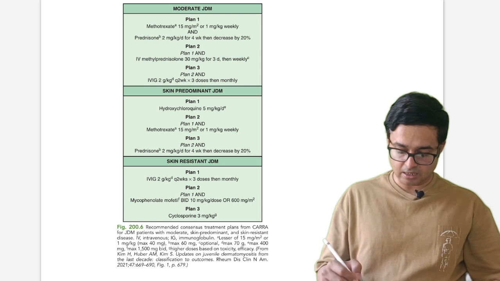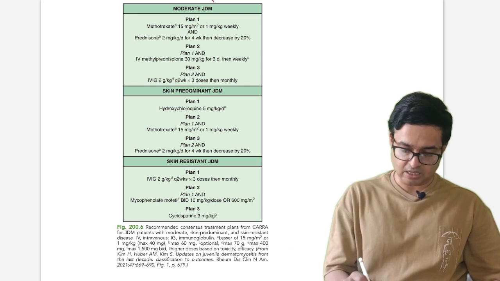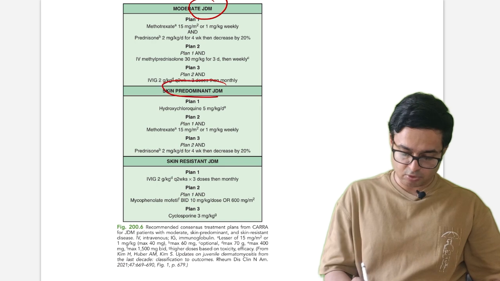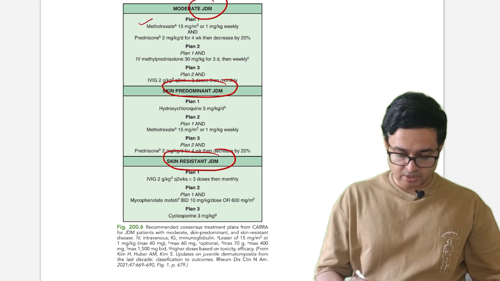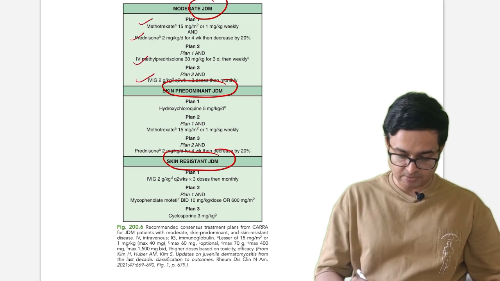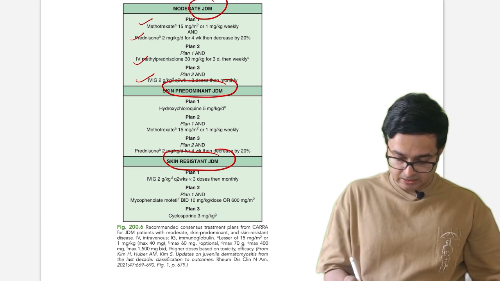Okay, this is the treatment plan. Don't go with doses. See, moderate JDM, skin predominant JDM, and skin resistant JDM. What are the drugs? You just remember them. Methotrexate, prednisolone, methylprednisolone, IVIG combination is used. But in skin predominant, you are able to see hydroxychloroquine is used.